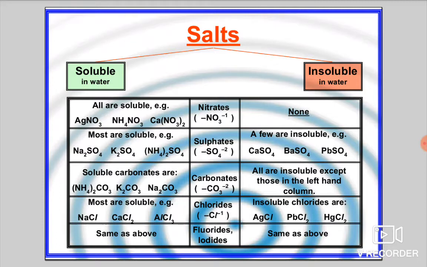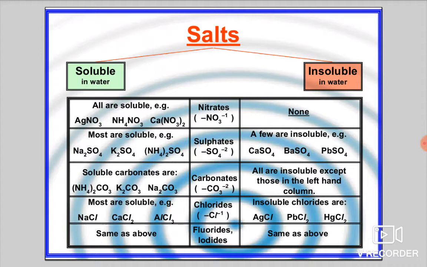Then we move on to the chlorides, fluorides, and iodides. They all are the same. Most are soluble, like the sodium, calcium, and aluminum salts, and all the group 1 salts are absolutely soluble.